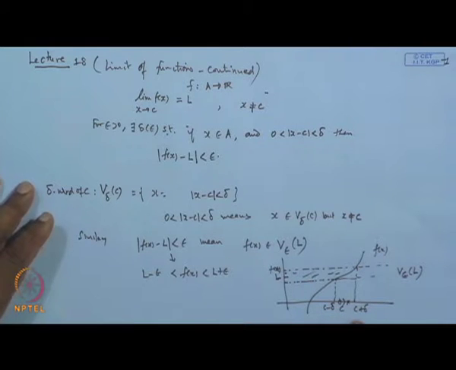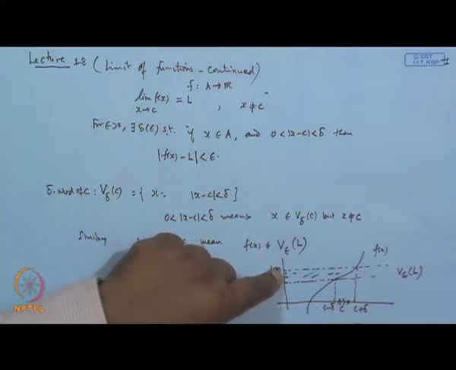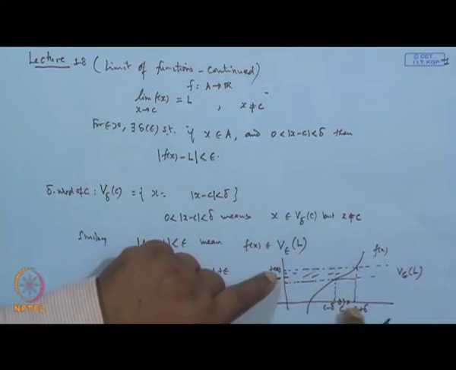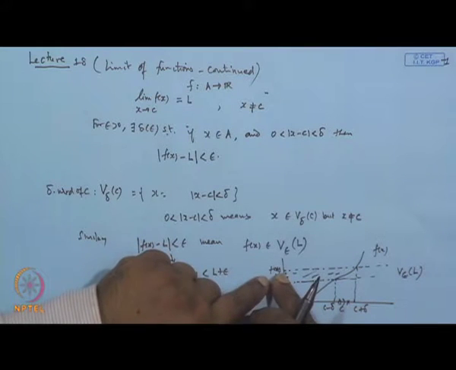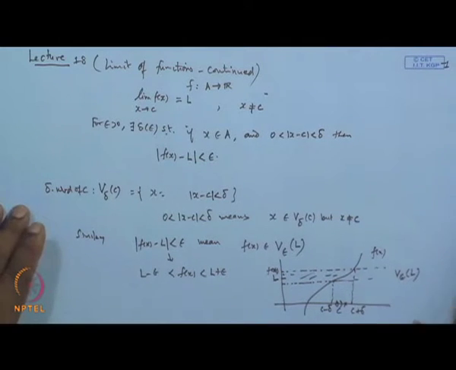Then we say the limit of the function f(x) exists. If it is not so, then obviously the limit of the function f(x) when x tends to c will not exist. It means that there will exist some epsilon neighborhood of L such that for any delta we choose, there will be an x for which the value of the function will lie outside of this range, if the limit does not exist.